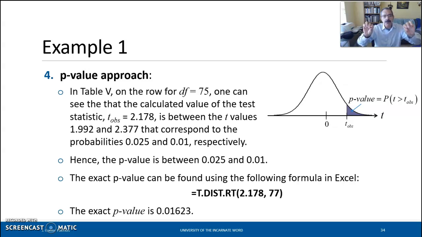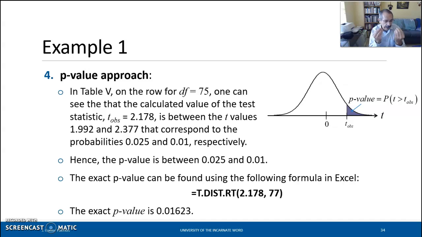But it is between two t-values on that row, 1.992 and 2.377. 1.992 is under the column for the probability of 0.025, and 2.377 is under the column for the probability of 0.01. That tells you the p-value is between those two probabilities.